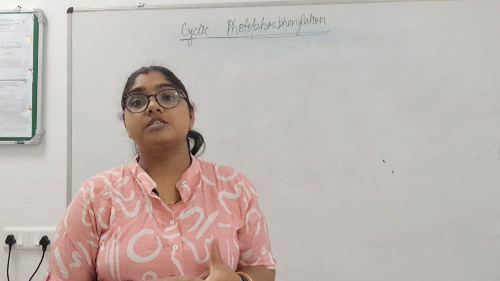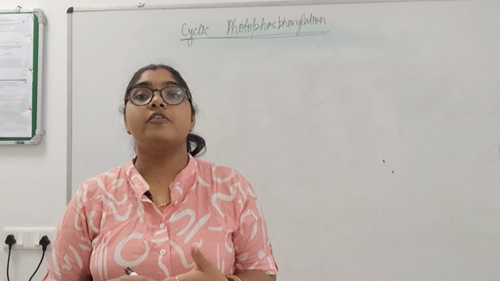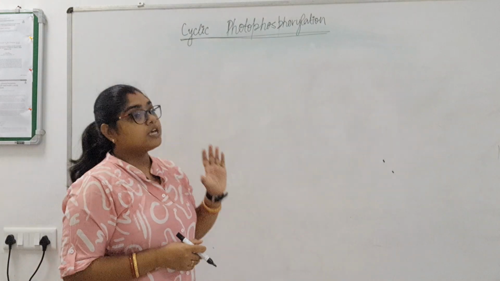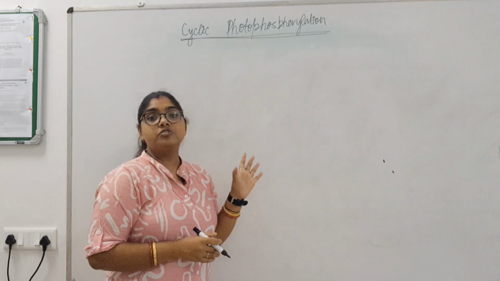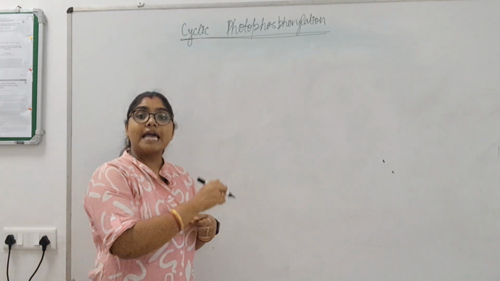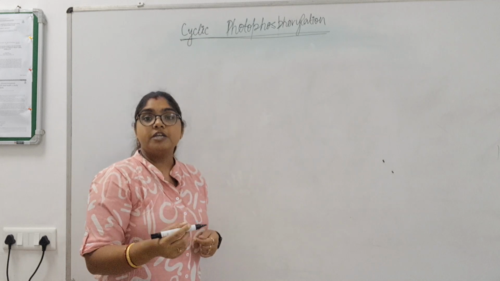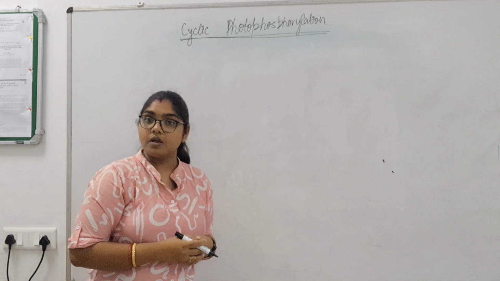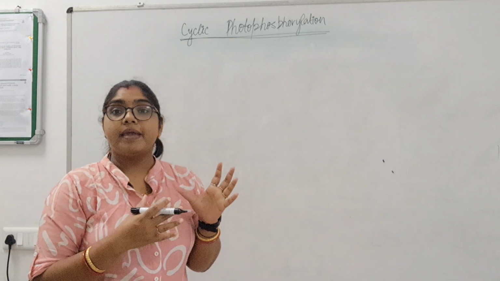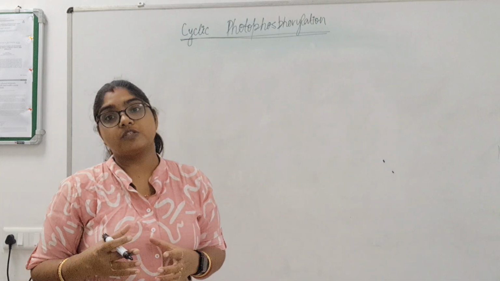Today we are going to discuss the cyclic pathway of photophosphorylation. As the name suggests, it is a light induced process in which the electron travels in a cyclic pathway to produce ATP. Now we'll see the mechanism of cyclic photophosphorylation.